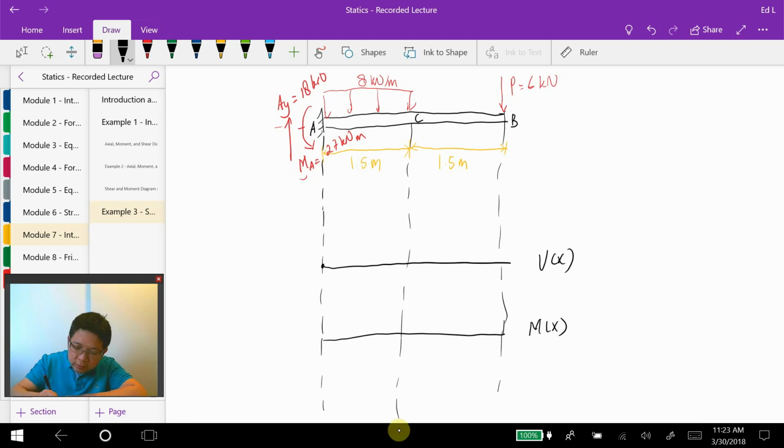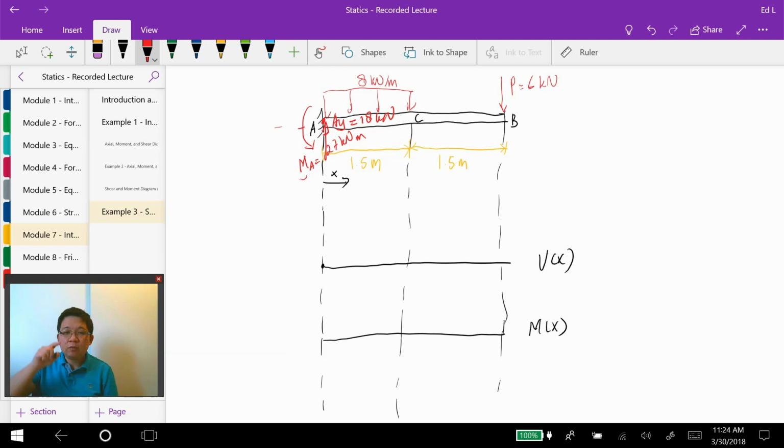So at point A, where x is equal to 0, I'm going to apply the fifth rule, which states that if we have a point force that is applied upward, then the shear diagram will jump upward. In this case, I think it will be best if we sketch this AY over here so that you don't get confused. So AY is equal to 18 kilonewton.